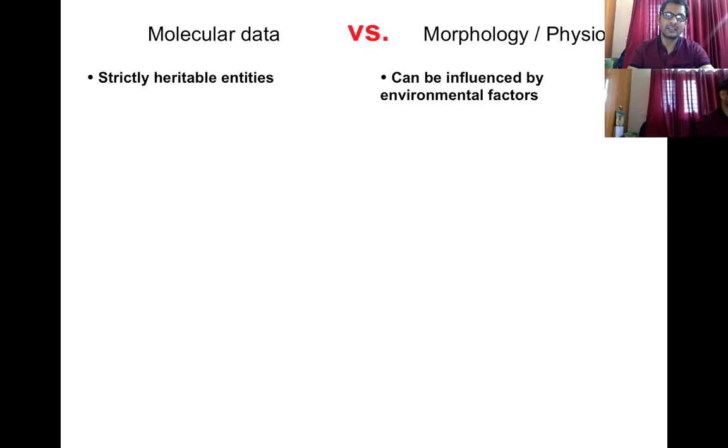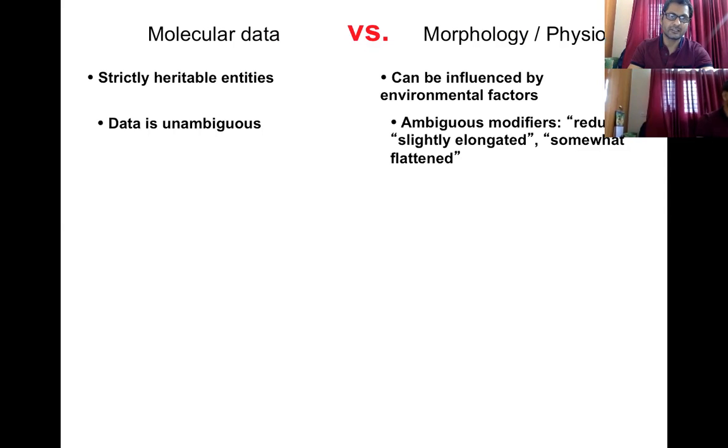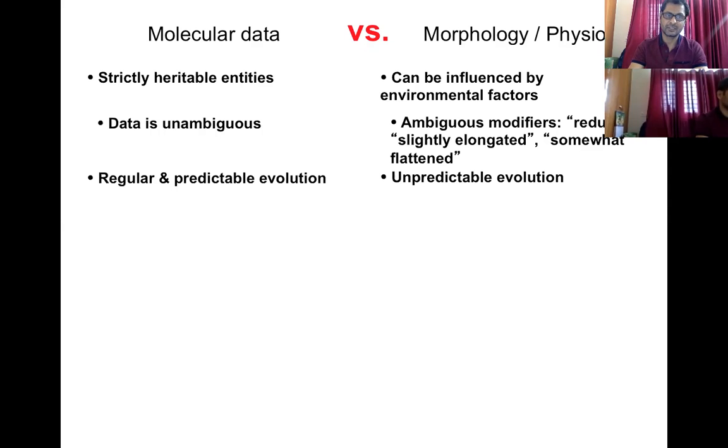While morphology can be influenced by environmental factors. Molecular data is unambiguous. It is right because it is based on molecular characteristics. Morphological data is ambiguous and can be changed according to environmental and other factors, so it's easily modifiable.